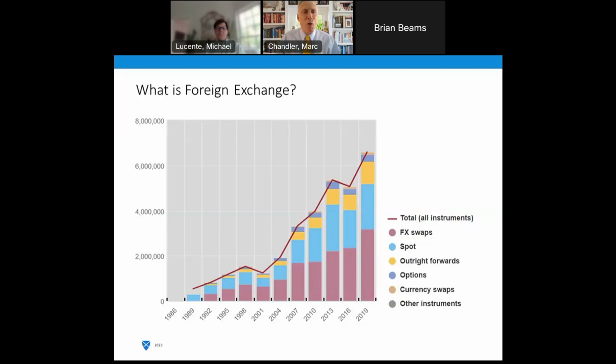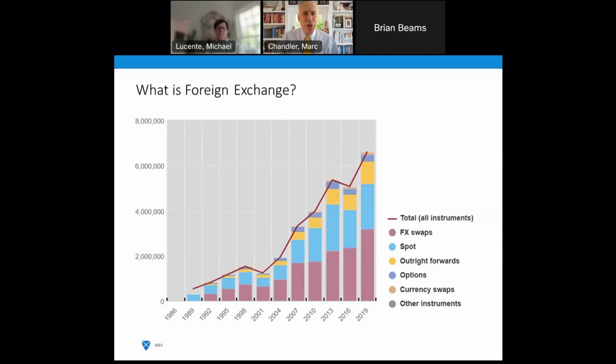That's what the forward market is about. My colleague Michael will talk a little bit more about that, because that's really where a lot of corporations, a lot of businesses, use it as a vehicle to hedge. The FX swaps, options, currency swaps, these are also derivatives that have particular uses, and typically much more for financial entities.